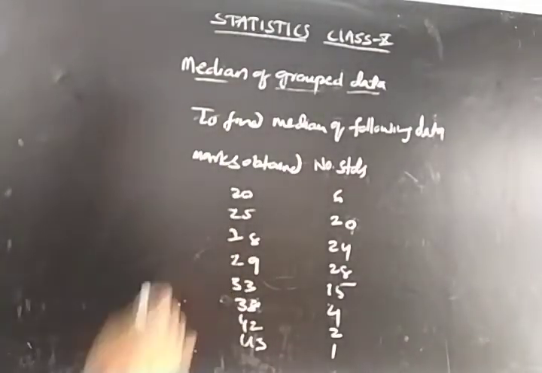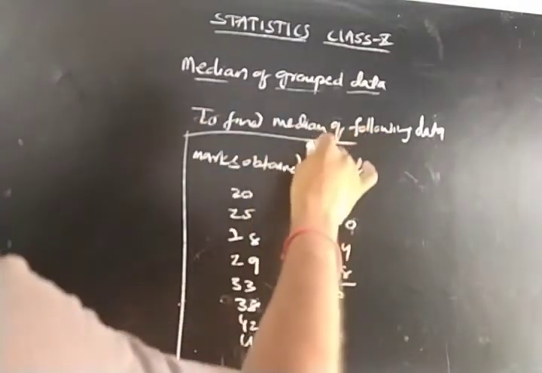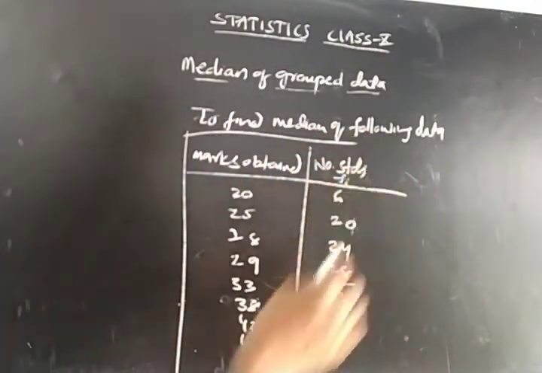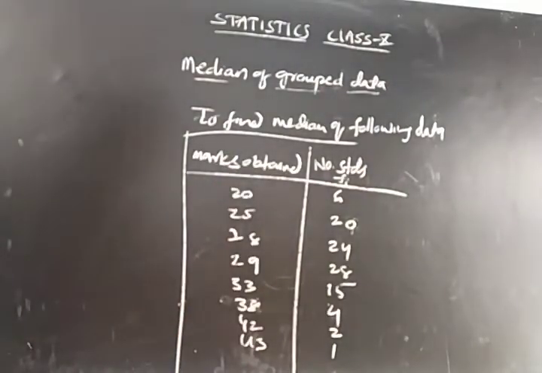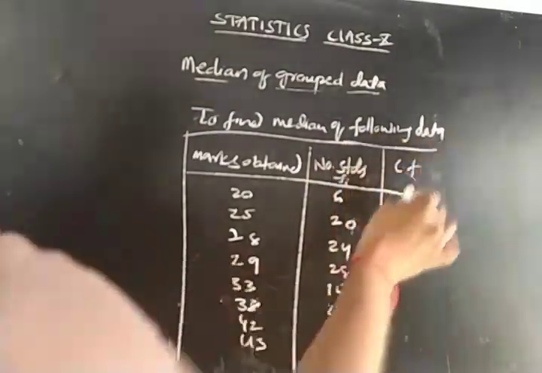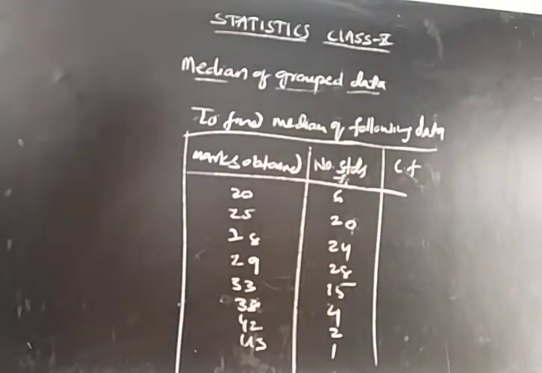So this is the ungrouped data. You have the frequency here, and this is the marks obtained by the students. If you have the frequency, you have to find the cumulative frequency, a new column.